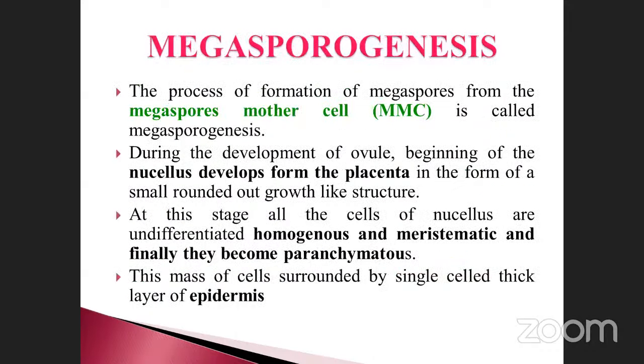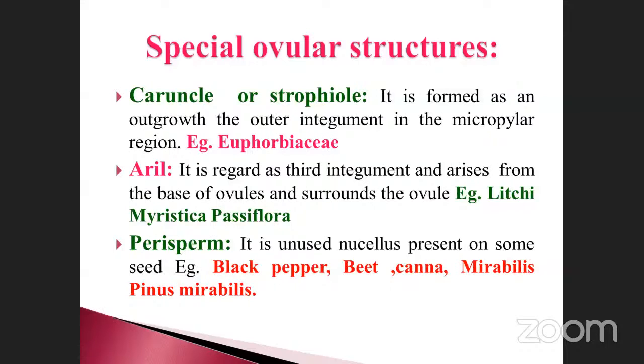These things we will finish in today's class. What are the things we already discussed? Megasporogenesis, megaspores, the structure of ovules, the types of ovules, and the types of integuments, and also special ovular structures. After the ovule structure is finished, we'll enter into fertilization.